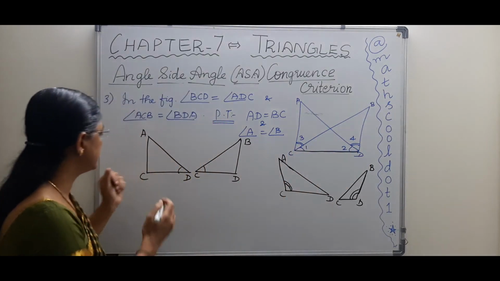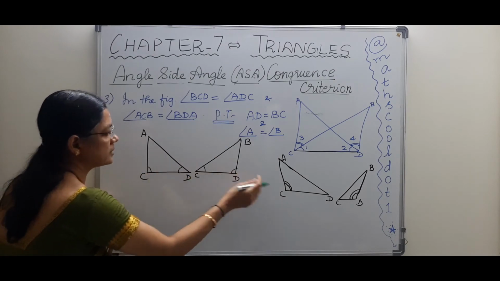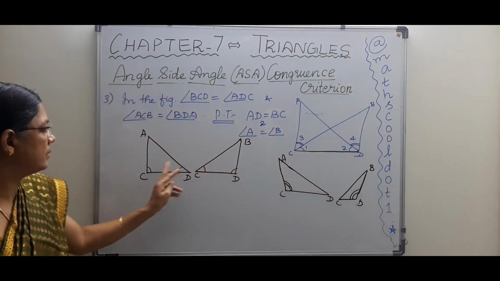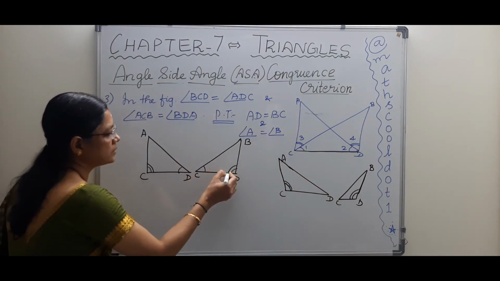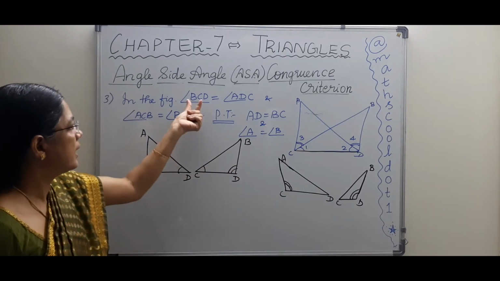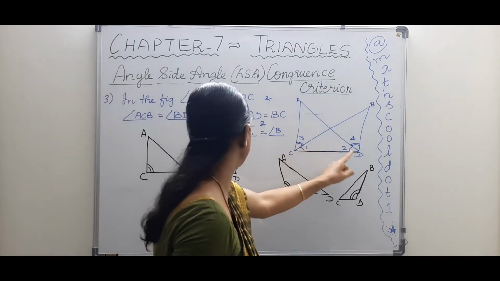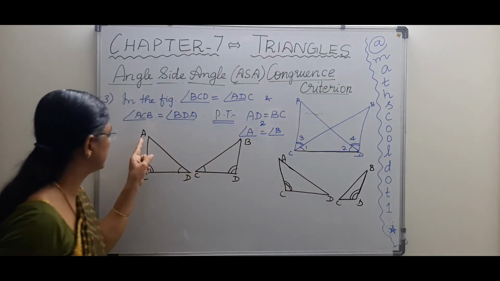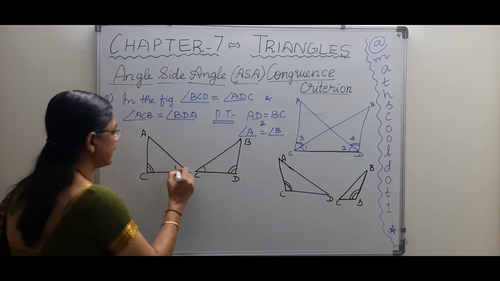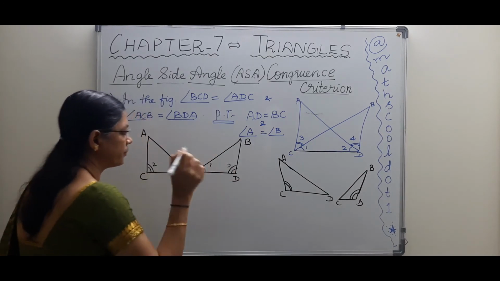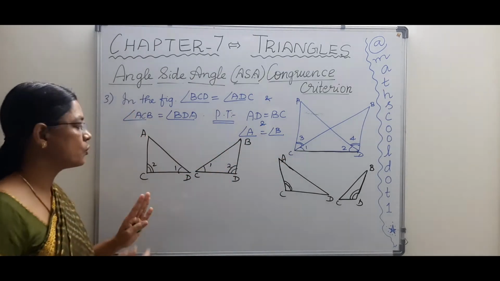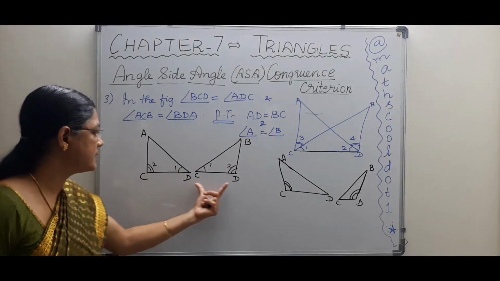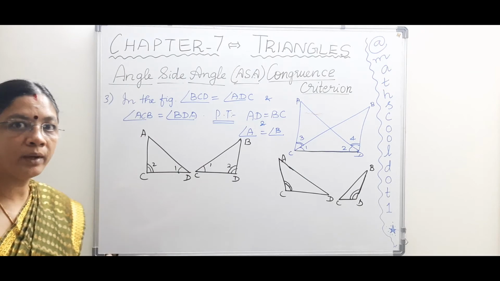And these two angles, as given here, BCD is equal to ADC. So these two angles I name as 1 and 2. Now I have drawn it separately and shown you how two angles are equal in both the triangles, and a common side. CD is the common side which is equal. So now we'll write it down.